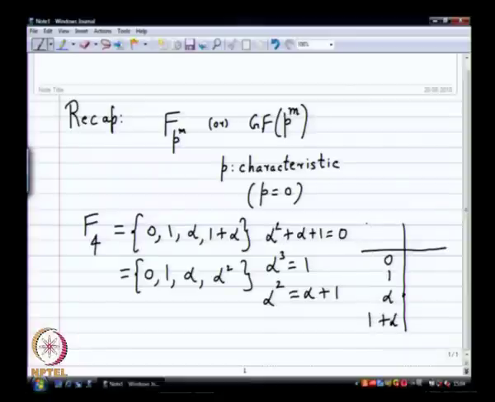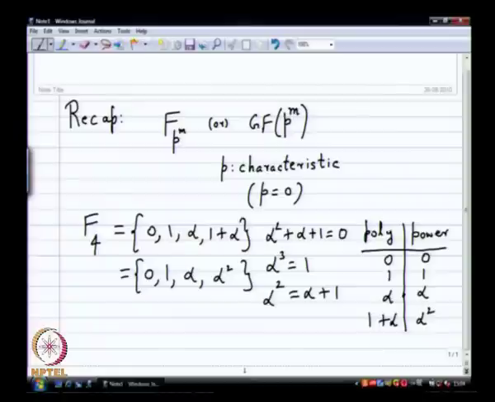This is the polynomial notation, and then you have the power notation: 0, 1, alpha, alpha squared. These are 2 ways of representing the 4 elements of this finite field. Both these notations are useful.